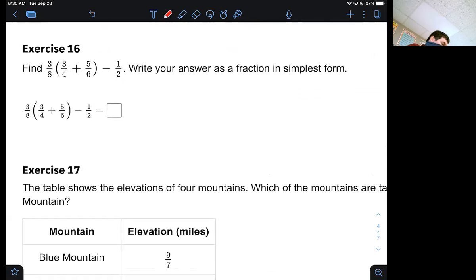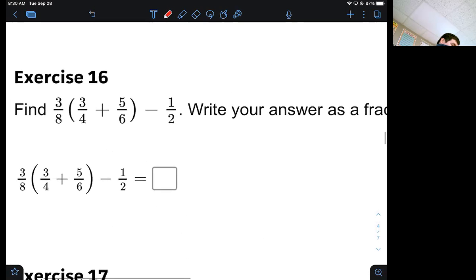Number 16 says 3/8, and we know that means multiply, times 3/4 plus 5/6 minus 1/2. Now, this time the parentheses are important because instead of being all multiplication, we have a mixture. So we really do need to start in those parentheses here. As I'm jotting this problem down on my work paper, remember, you have to have a common denominator when you're adding.